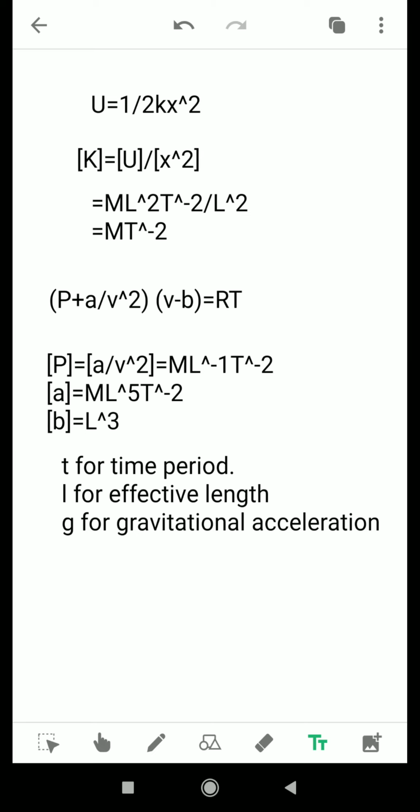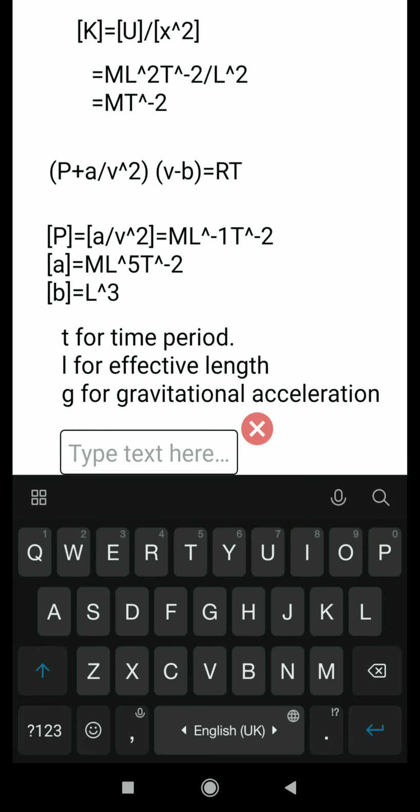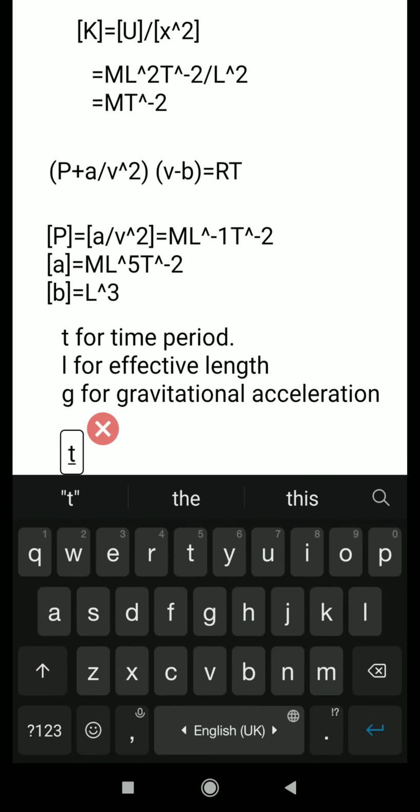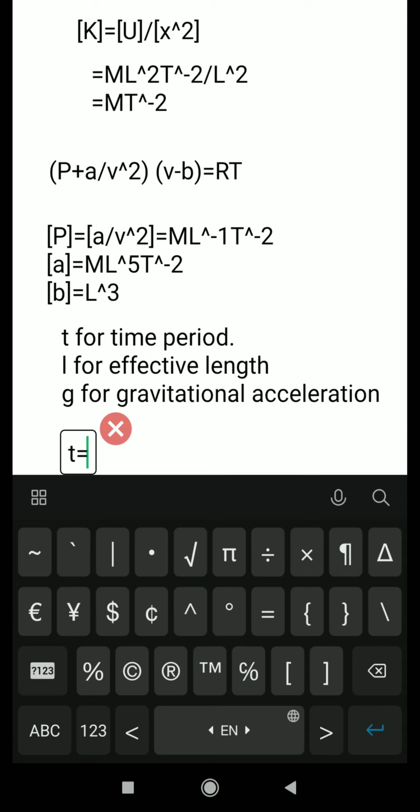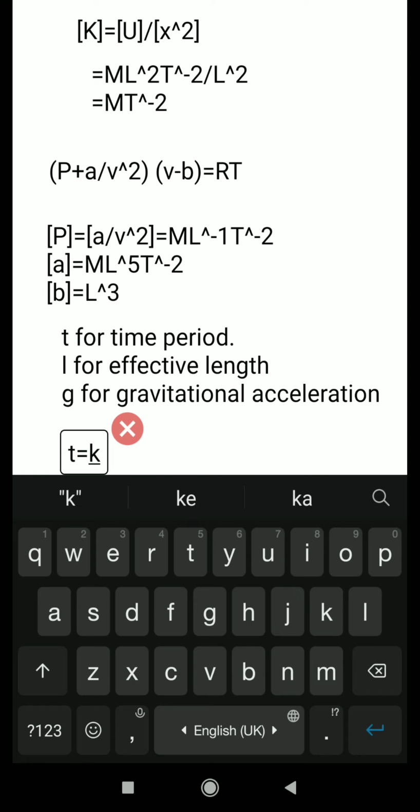So let's write T equal to K. I assume a relation where K is a constant. It may be present or may not. It is a dimensionless constant. Remember this. K is here a dimensionless constant.